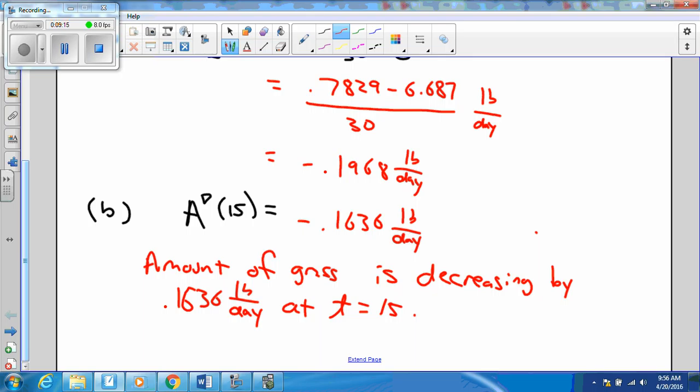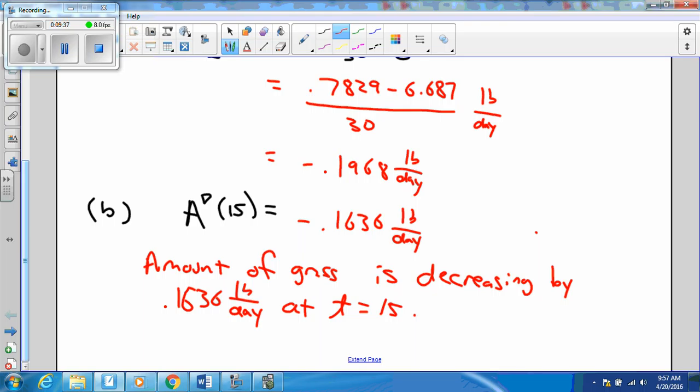What if I wrote, so they're asking what does A prime of 15 mean? So I said the change of something at t equals 15. They were asking that question, and that's how you want to answer it.